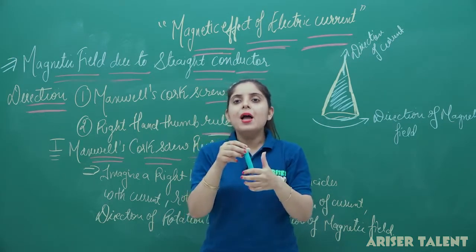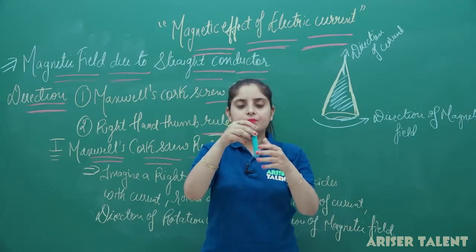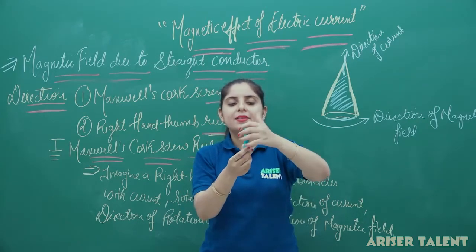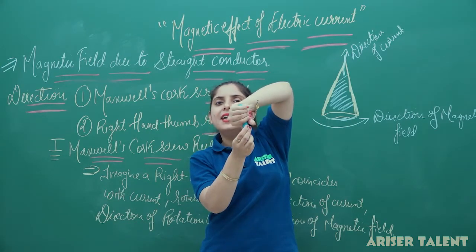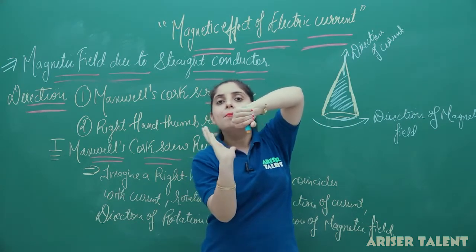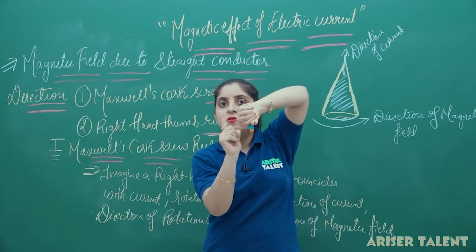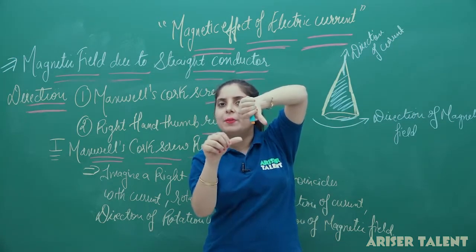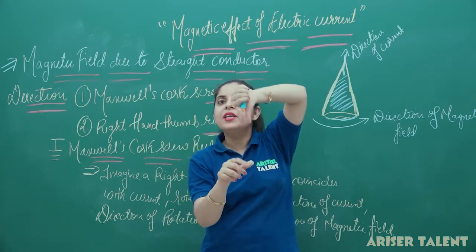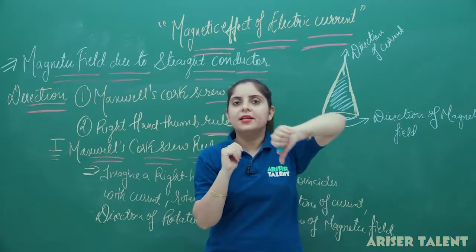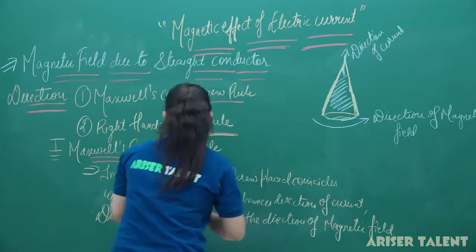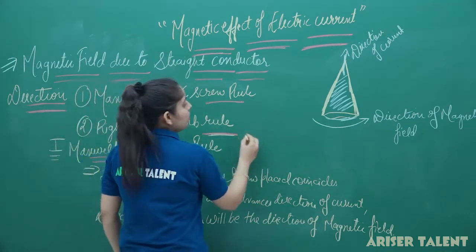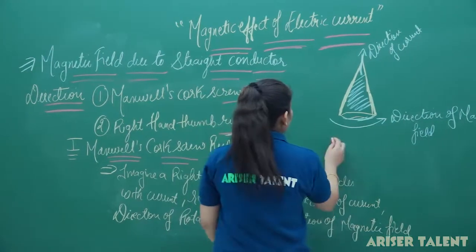But if I am holding this conductor like this, you can see that my fingers are curling outside. So what will be the direction of current? The thumb will give you the direction of current in the downward side. So this is how the right hand thumb rule works. The second rule is our right hand thumb rule.